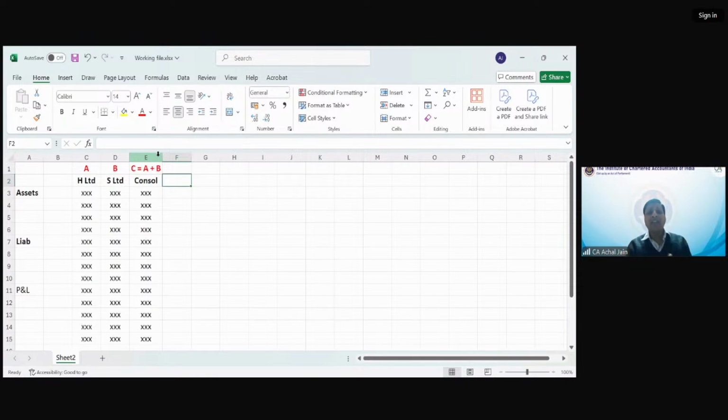So if you add the assets, liabilities, P&L items of these two companies, at times what may happen is that these two companies may have transacted with each other during the year. Yes or no? These two companies may have some balances outstanding against each other. Maybe H has sold some goods to S. Maybe S has given a loan to H. Any type of transaction could be there between these two companies.